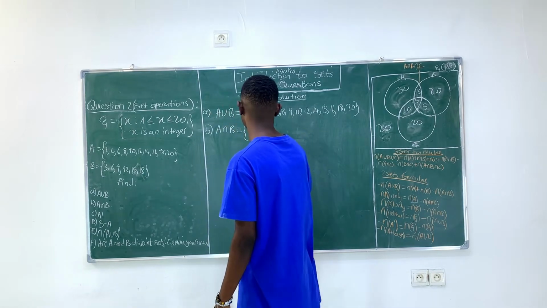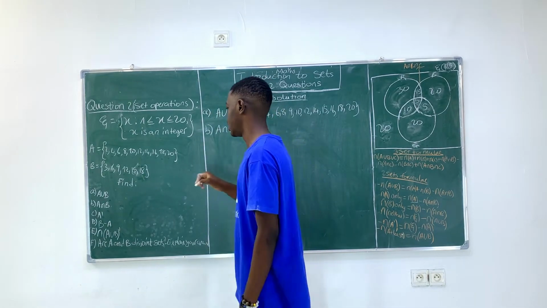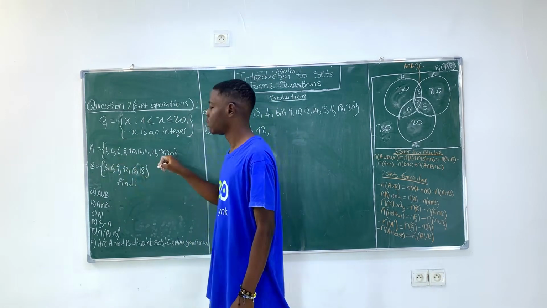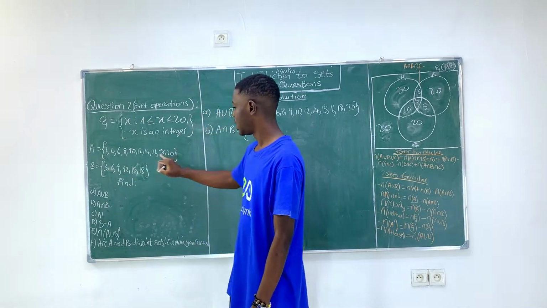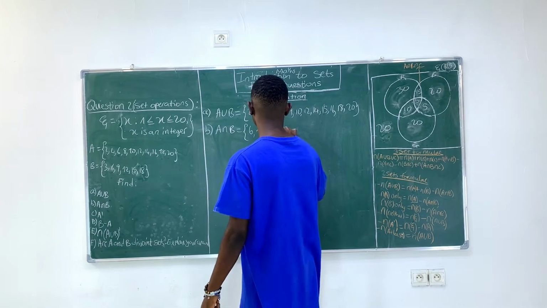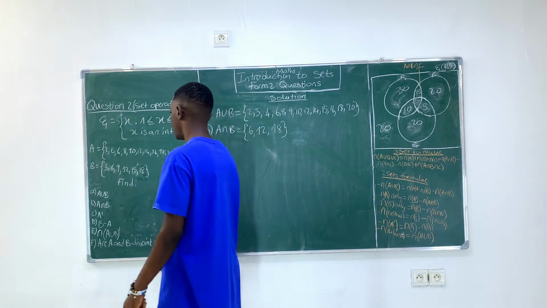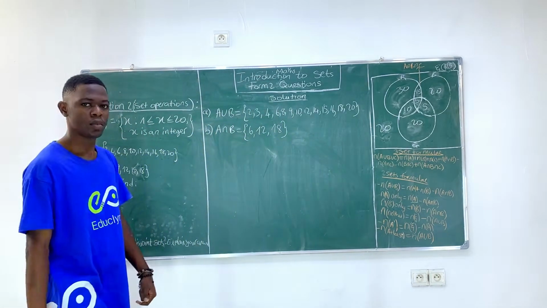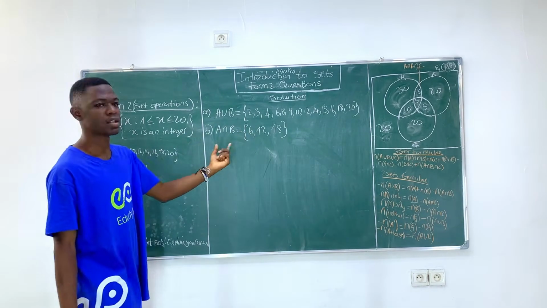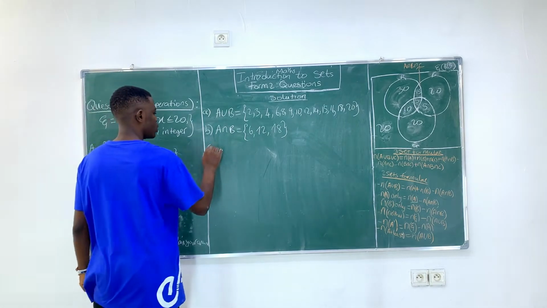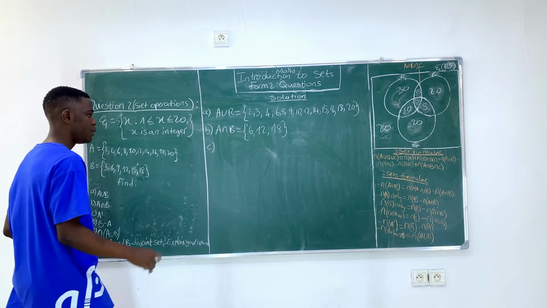Yes, so I write it. 15 is in B. Is 15 in A? No. 18 is in B. Is 18 in A? Yes. I write 18. So the common terms to A and B are 6, 12, and 18. That is A intersection B. So the C part says A prime.